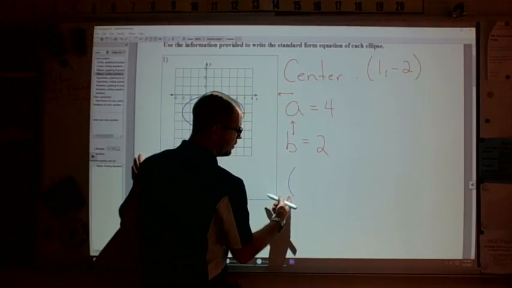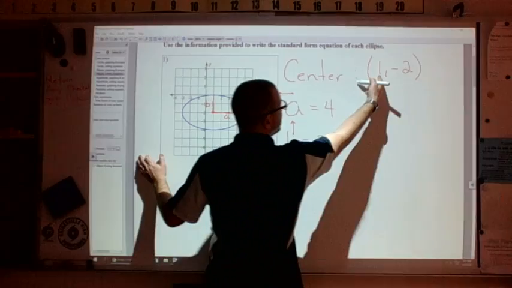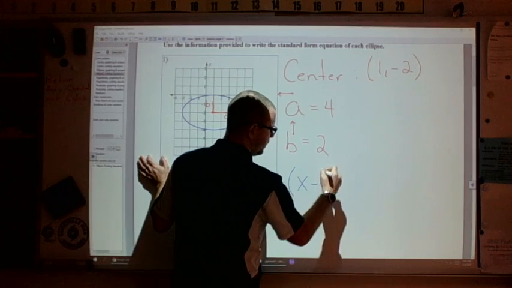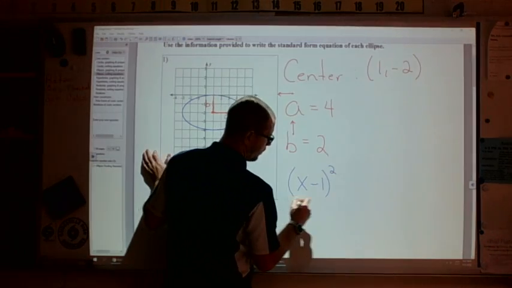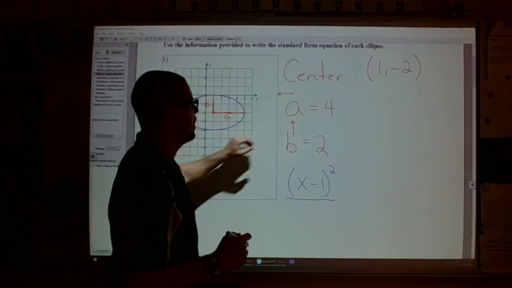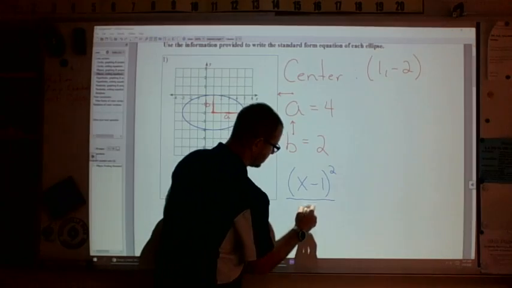Starting with the x values, x minus h, so x minus 1 squared over the horizontal radius squared, which was 4, so we're going to get 16.